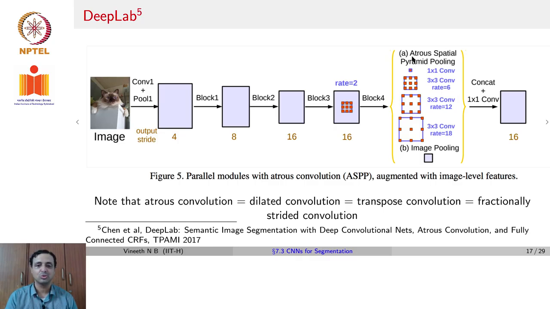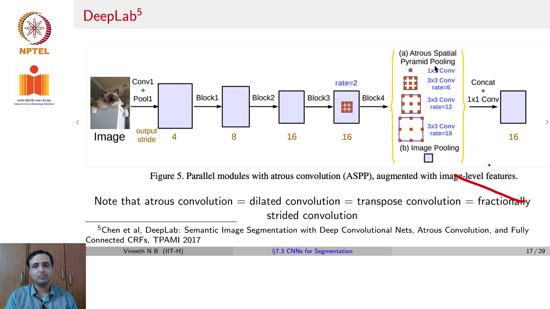So this module is known as the ASPP module. Remember, atrous convolution is the same as dilated convolution or transpose convolution, or sometimes even called fractionally strided convolution. So when your stride is less than 1. So then you get the same effect as performing pooling at multiple scales.